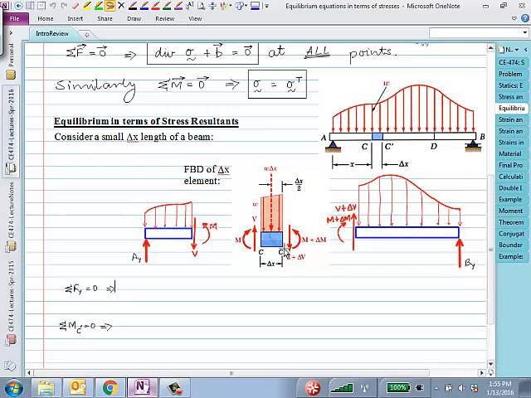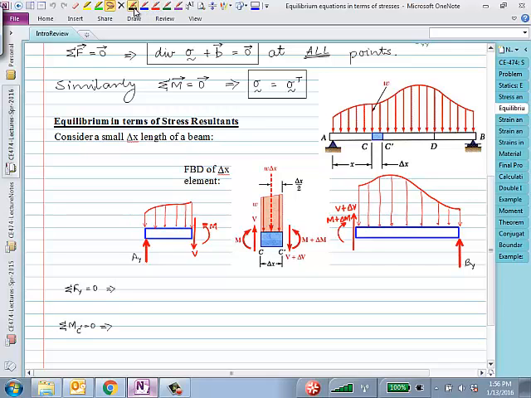Using this free body diagram, I should be able to write equations of equilibrium. I should be able to write sum of forces in the y direction is 0. I'm not too worried about the x direction because for beams we are not really worried about axial forces. So how about sum of forces in the y direction?